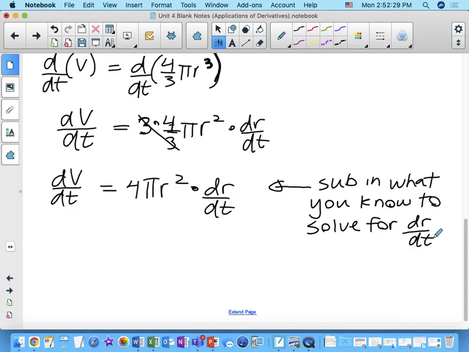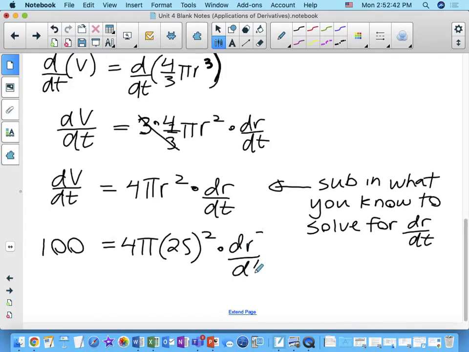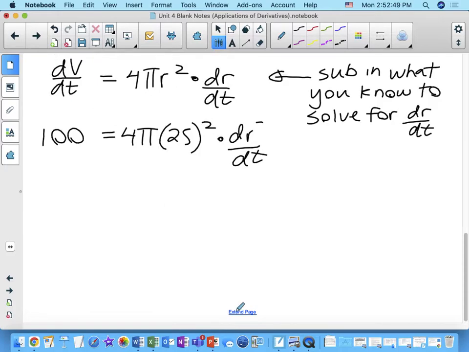We know that dV by dt is 100. We know that r is 25. Whoops. Okay, 25 times 4 is 100, so that's 400. 100 equals... no, because we took the derivative, right?